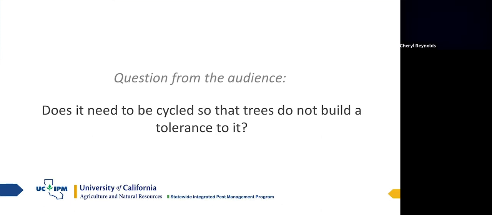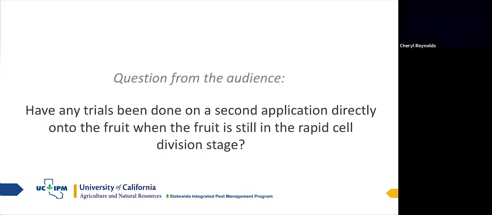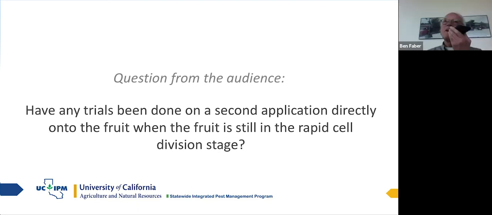Does it need to be cycled so that trees do not build a tolerance to it? As far as I know, there's no such thing as a tolerance to hormones. Okay. Have any trials been done on a second application directly onto the fruit when the fruit is still in the rapid expansion stage? That's work that needs to be done.